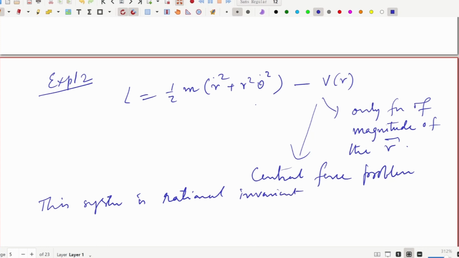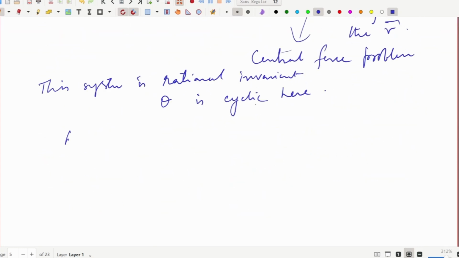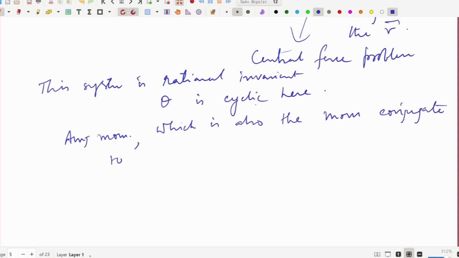Invariant, and you can clearly see that the coordinate theta is cyclic here. Theta is cyclic here, and you find that angular momentum, which is also the momentum conjugate to theta, is conserved.